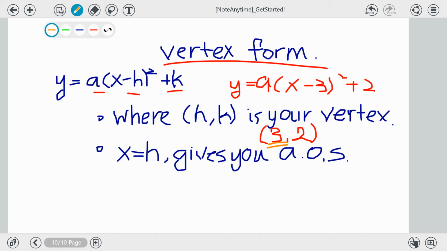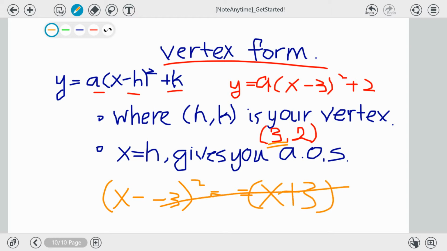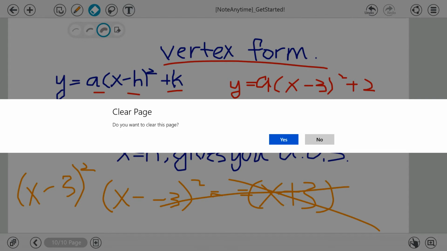If I plugged in negative 3, that is actually going to give me x plus 3, which is not our function. So if you plug in regular positive 3, you will get x minus positive 3, which gives you just x minus 3. Now I'm going to give you a regular function, and we're going to learn how to put it in this form.